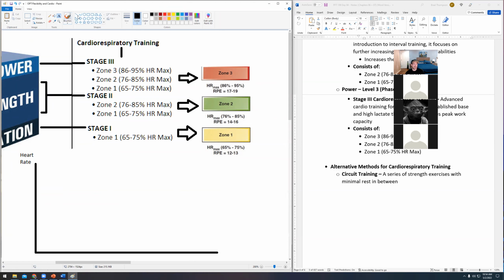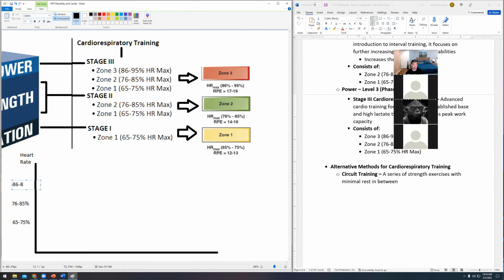Let's say this is 65 to 75% of the heart rate. We'll put that right here. And we'll say this is 76 to 85%. That's right here. And this is 86 to 95%. We'll put that one right here, right?